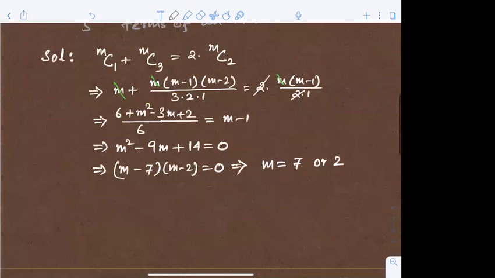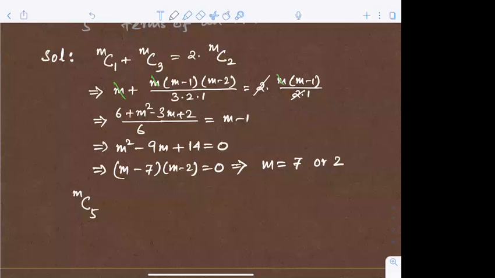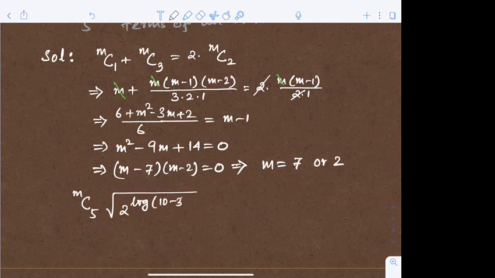If I write the sixth term, that will be mC5, no? It will be mC5 into root under 2 to the power কিছু ছিল log of 10 minus 3 power x, এটা first term, to the power m minus 5.